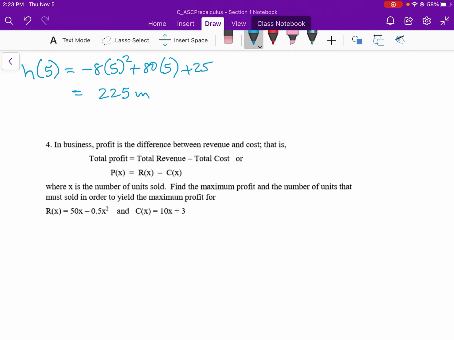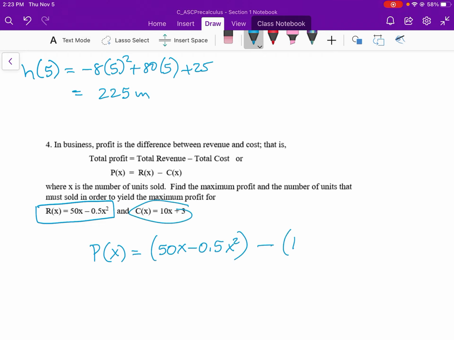Okay, last one real quick. In business, profit is determined by the difference between revenue and cost. Revenue is the money they take in. Cost is the money they had to pay out. So my profit is the revenue, which is 50x minus 0.5x squared, minus my cost, 10x plus 3.